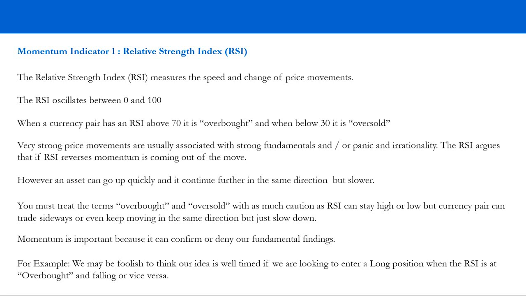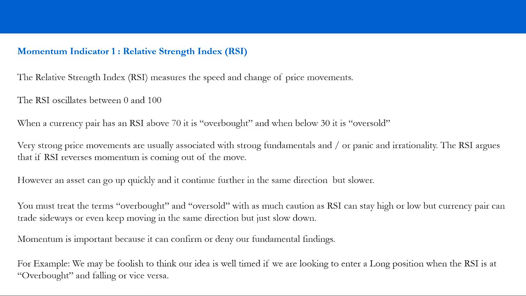Now, very strong price movements are usually associated with strong fundamentals and/or panic and irrationality. That's where momentum tends to come from. And the RSI argues that if the RSI reverses, momentum is coming out of the move.